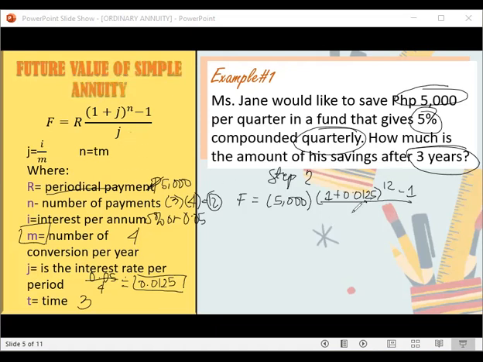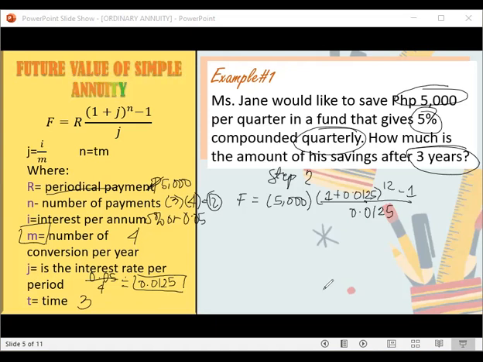And again, the J is 0.0125. Okay, may dalawang process tayo ng pagsagot ng step 2. Una is pwede nyo na siyang idiretso sa calculator. Pangalawa is we can solve it manually or mano-mano nating isosolve. Okay, so may slightly difference between the final answer of those two.